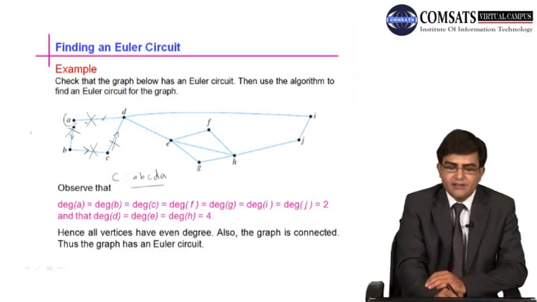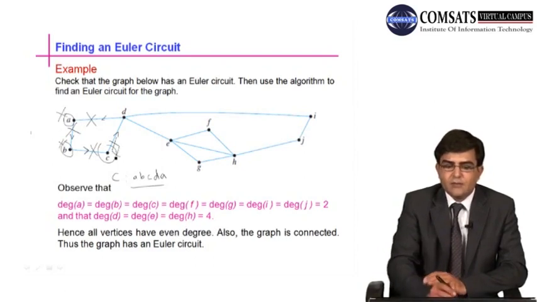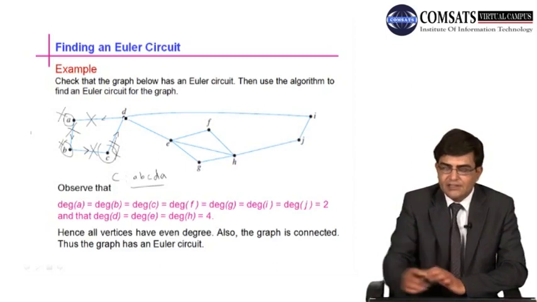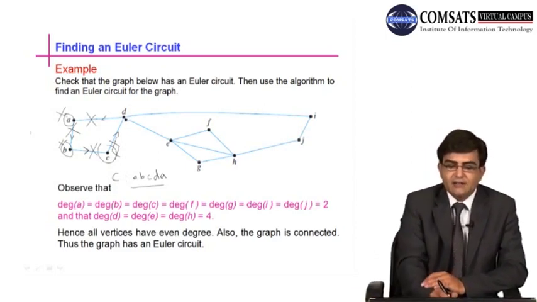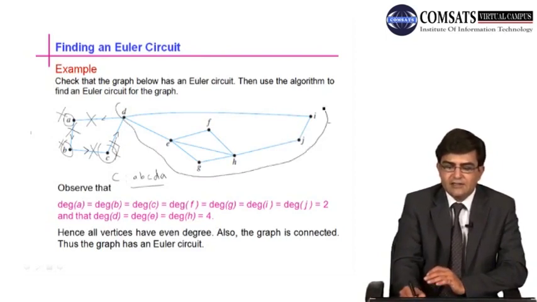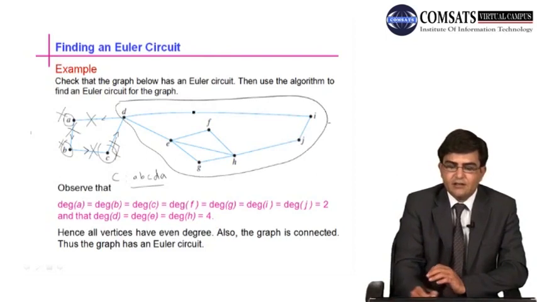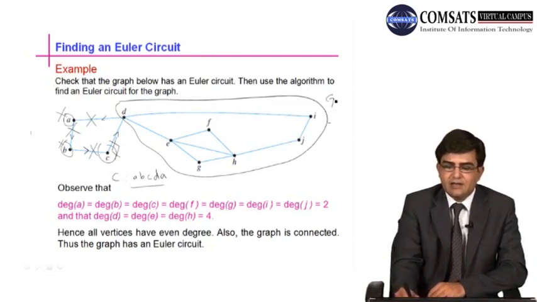So A becomes isolated, B becomes isolated, C becomes isolated. So we remove all these vertices also. So what about D? D doesn't become isolated here, so therefore D remains here. So we get this graph. This graph is left here. We call this graph G dash.